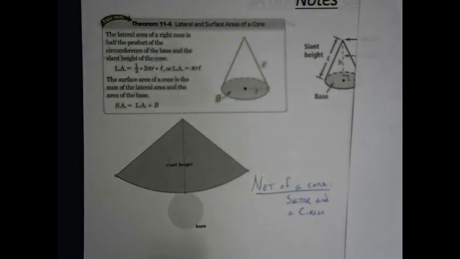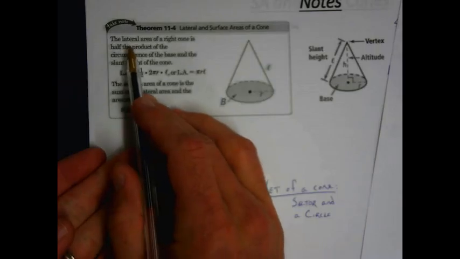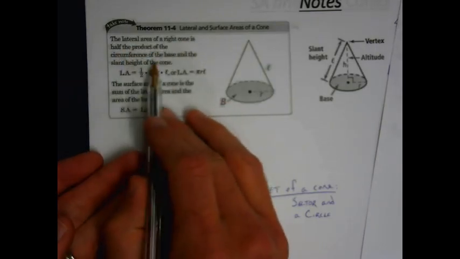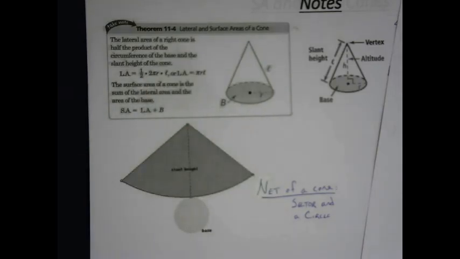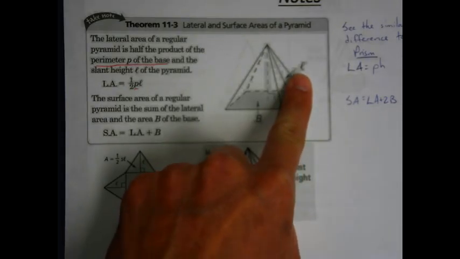Anyway, we have our formulas for lateral area and surface area of a cone, and they look pretty intimidating. Look at this: it's half the product of the circumference of the base and the slant height of the cone. If you recall, in the last lesson we learned about that key ingredient called the slant height, the lowercase cursive l.